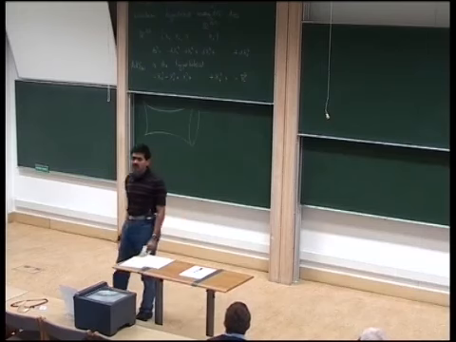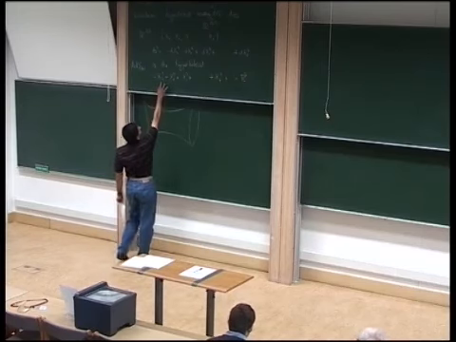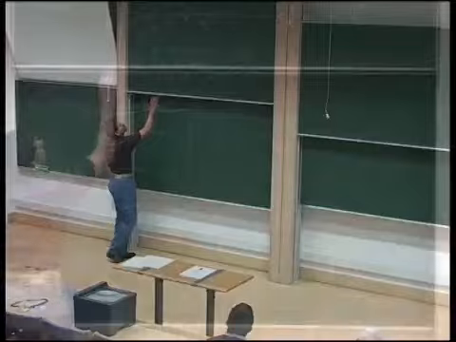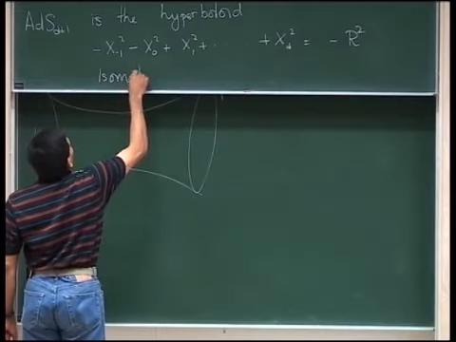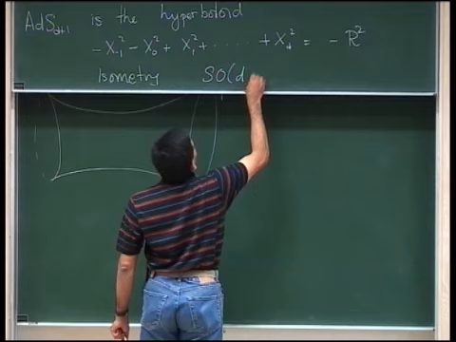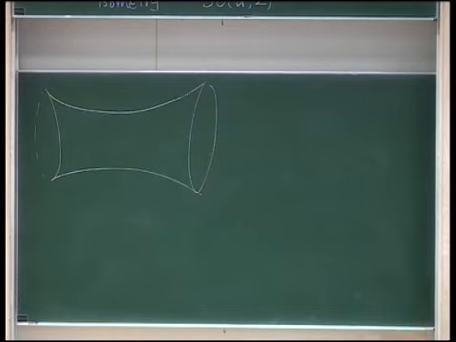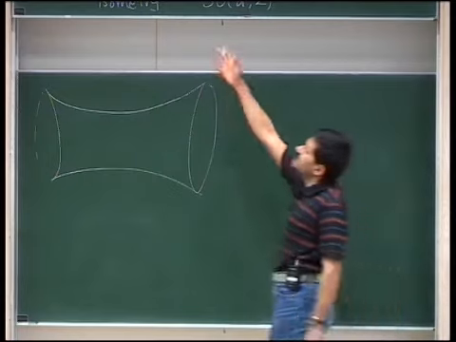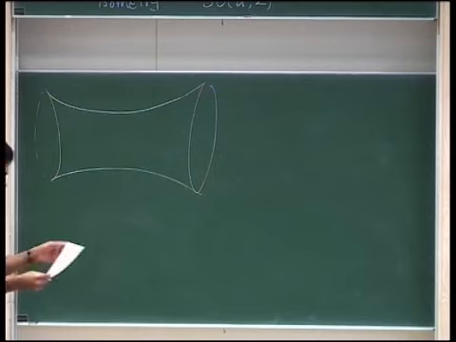It's just the rotation group in Euclidean space. But here, because 2 of the signs are negative, the symmetry group is SO(d,2), where the 2 refers to the fact that there are 2 time-like directions in this framework.